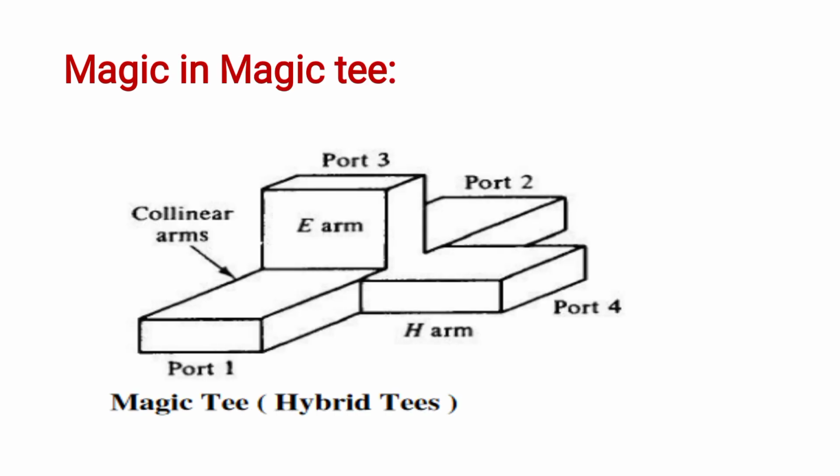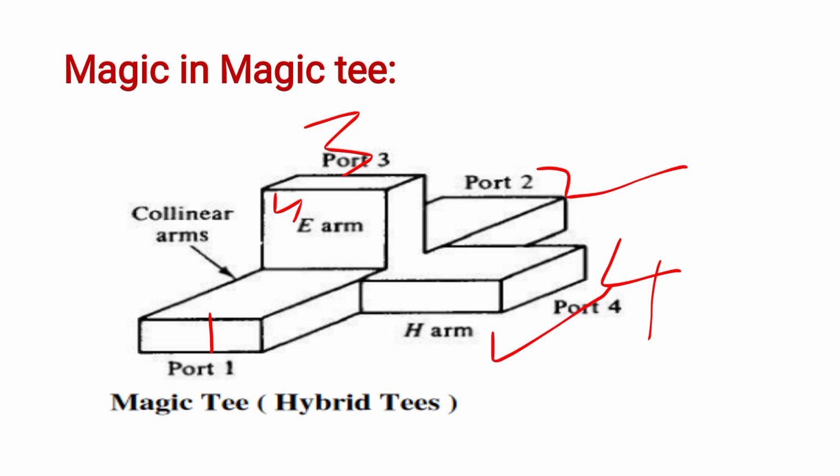Now let's see what is the magic present in magic T. Why we are calling this T a magic T, let's see an example. It is port 1 and it is port 2 and it is port 3 and port 4. Here port 1 and port 2 are collinear ports, port 3 and port 4 are auxiliary ports. Here observe, port 3 is an E arm and port 4 is an H arm.